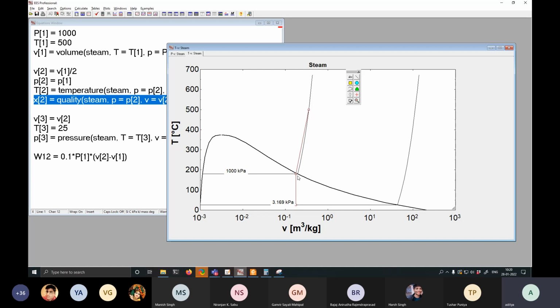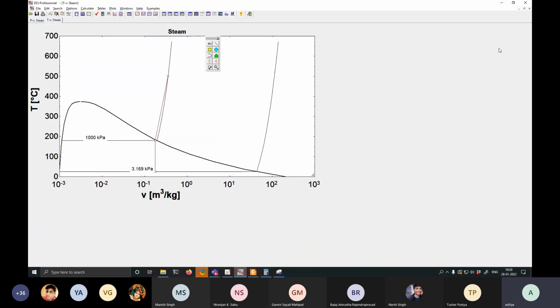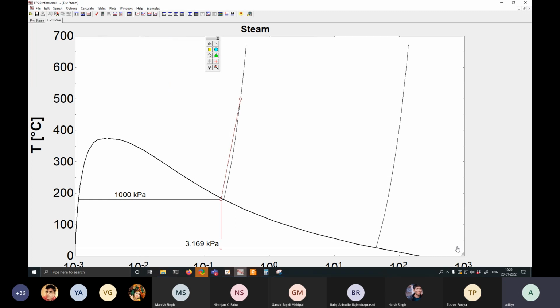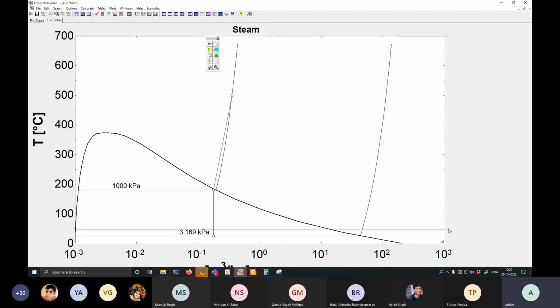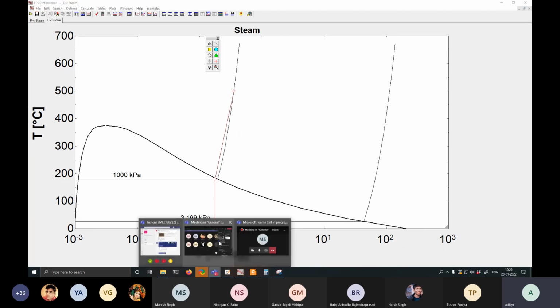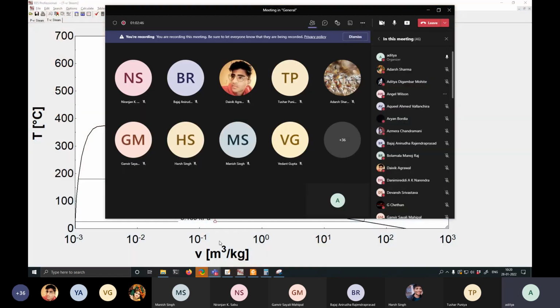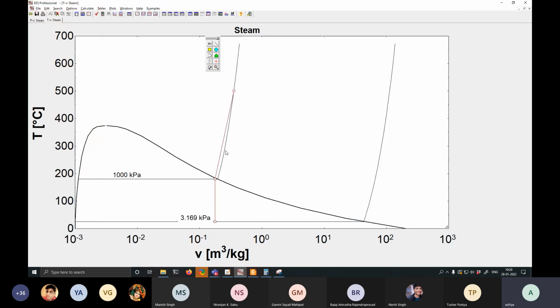And actually, EES does not know that we did an isobaric process. So from this point to this point, it will not go in a straight line. Your name is Manish.